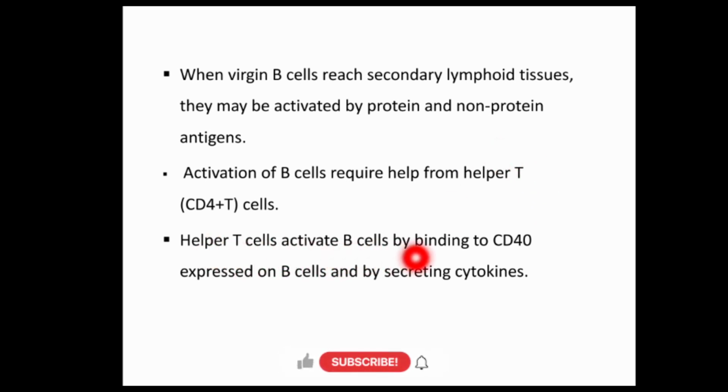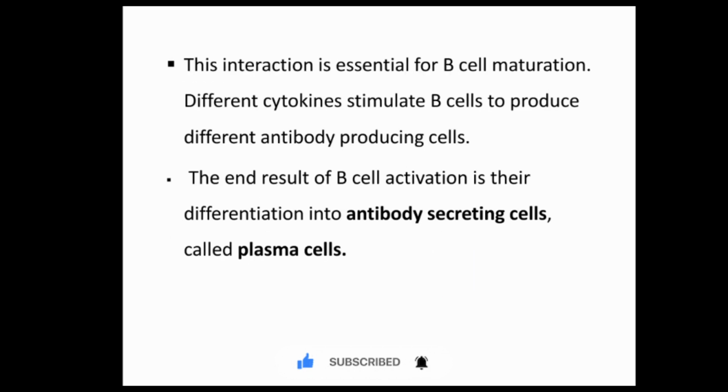Helper T cells activate B cells by binding CD40 expressed on B cells and by secreting cytokines. This interaction is essential for B cell maturation. Different cytokines stimulate B cells to produce different antibody producing cells. The end result of B cell activation is the differentiation into antibody secreting cells called plasma cells. The plasma cells then produce the antibodies.